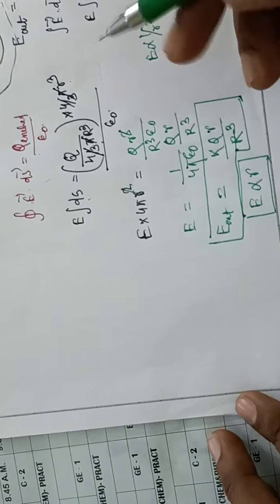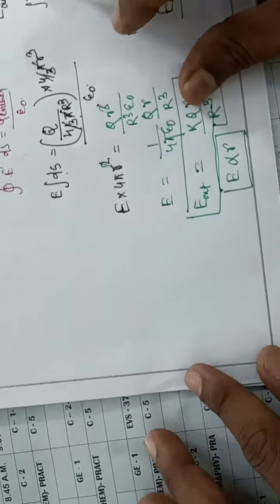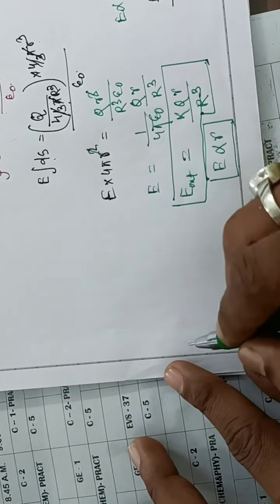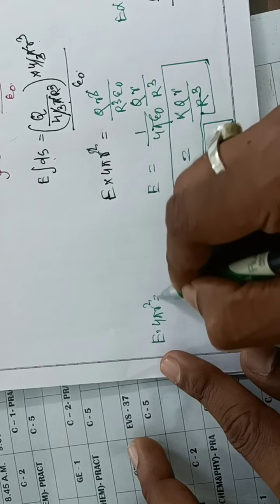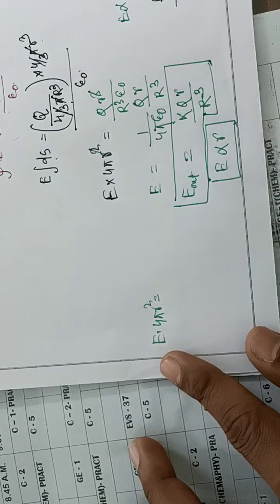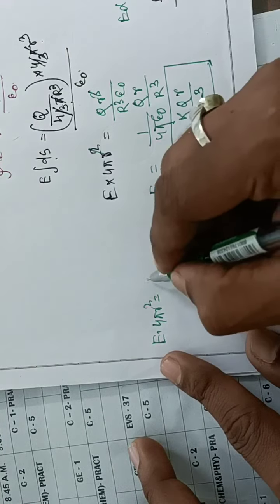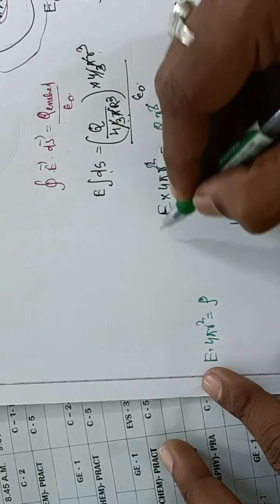Sometimes questions can also be asked in terms of volume bound charge density, E into 4 pi r squared. Let me explain this carefully.